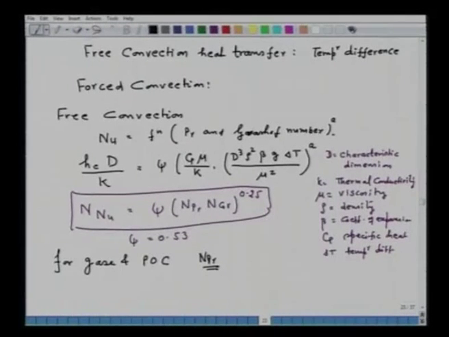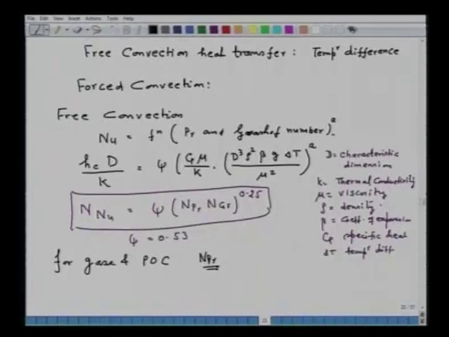So, in order to calculate the values of heat transfer in the problems which I am going to give you, we will be using the following approximated correlation. However, for exact values, you can search the literature or a book and use that value.